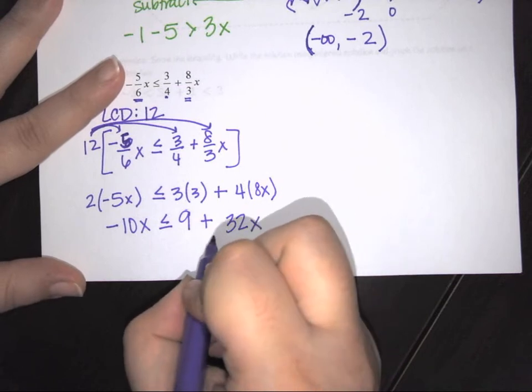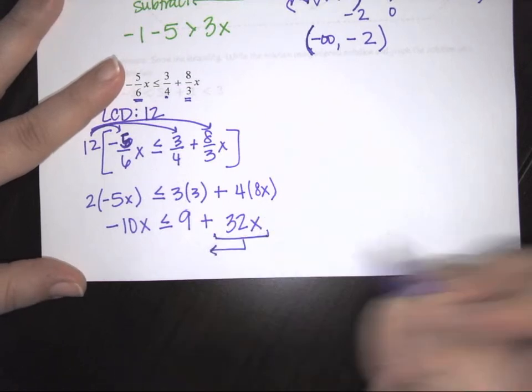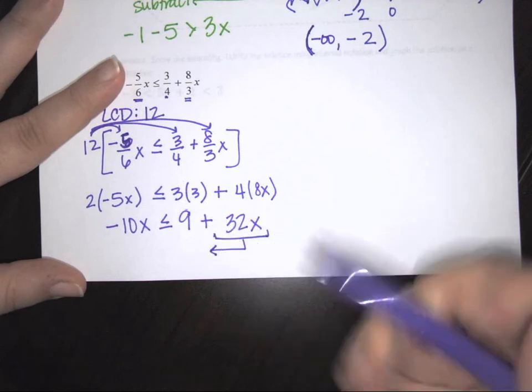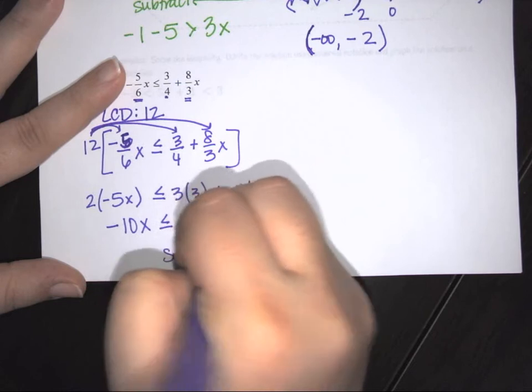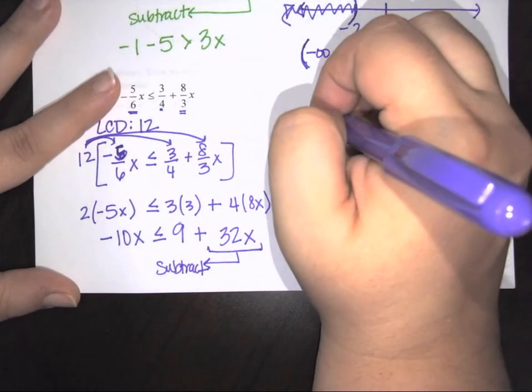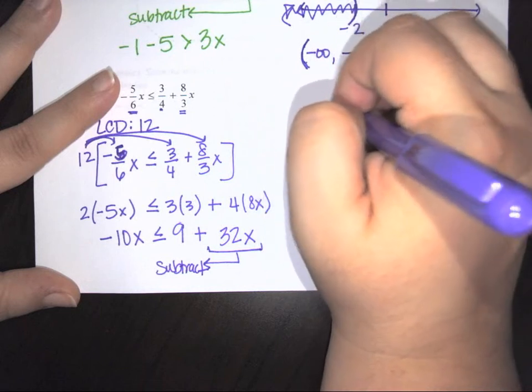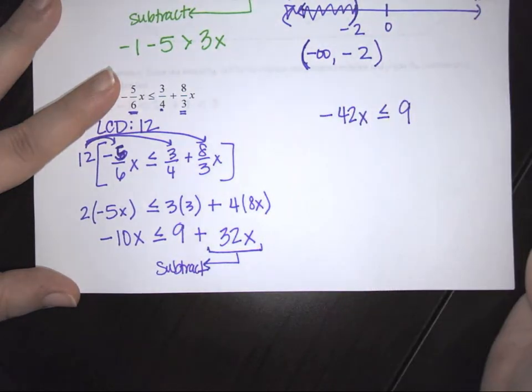So why don't we take this 32x and instead I'm going to move it. Since this is being added, to move it says I have to subtract. So negative 10 minus 32 is going to give me a negative 42x is less than or equal to 9.